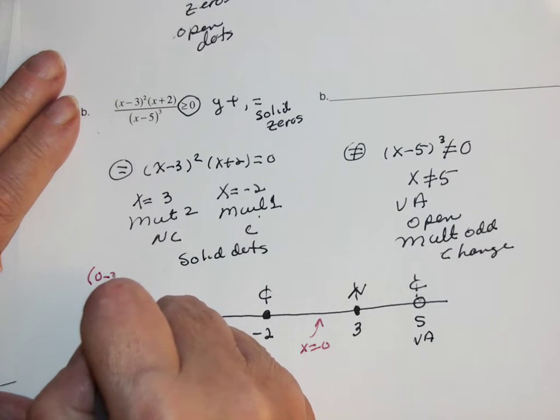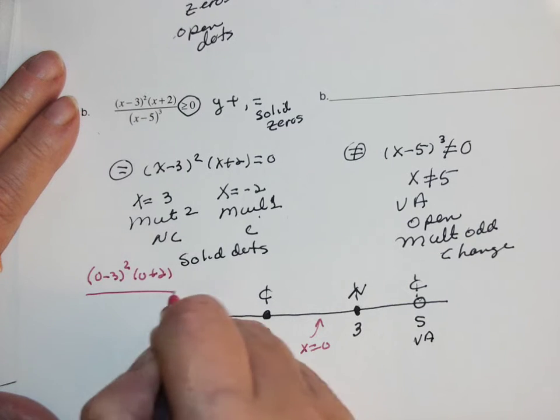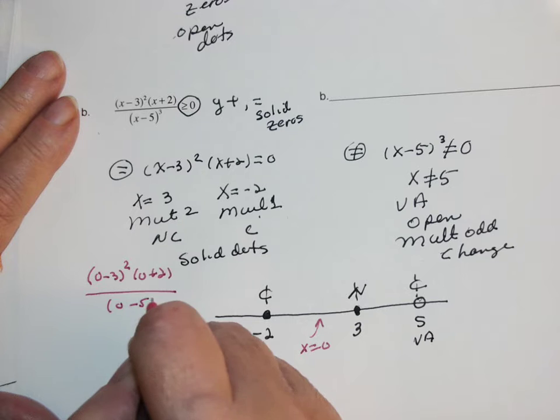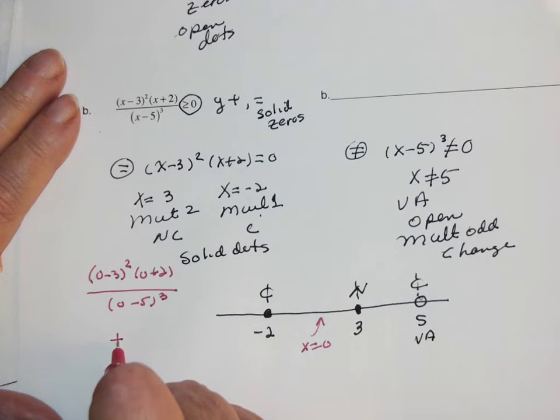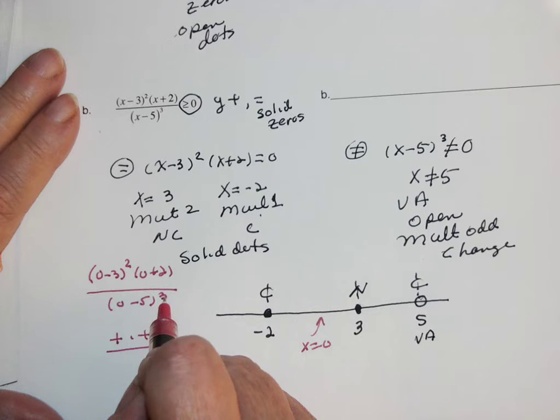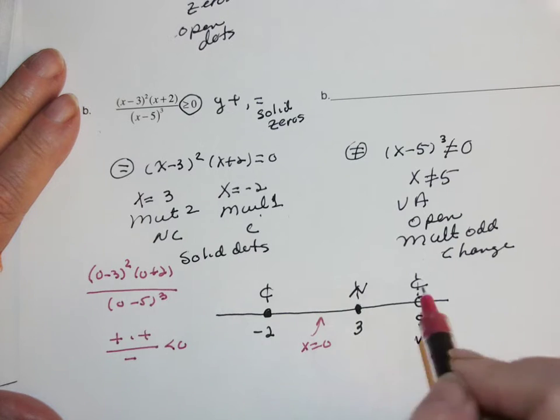This is (0 minus 3) squared times (0 plus 2) over (0 minus 5) cubed. (0 minus 3) squared is positive. 2 is positive. (Minus 5) cubed, well, that's negative. So positive divided by a negative is negative.